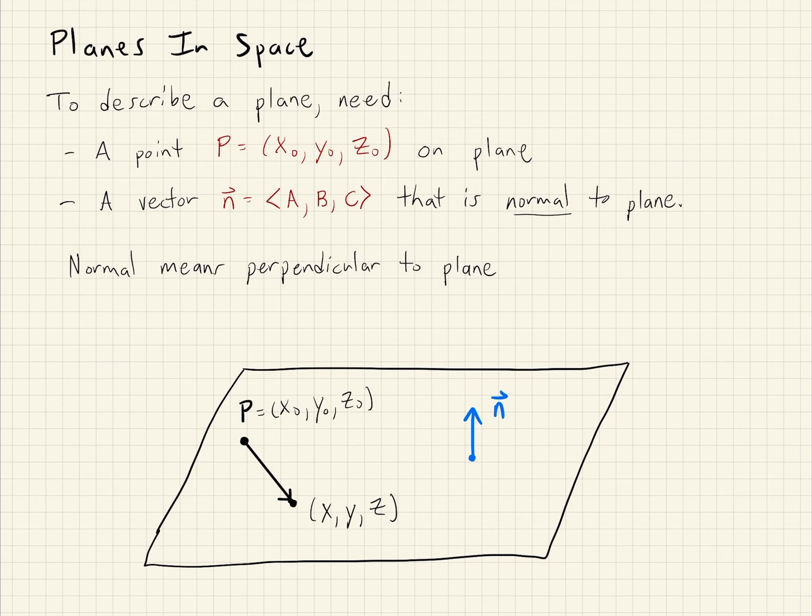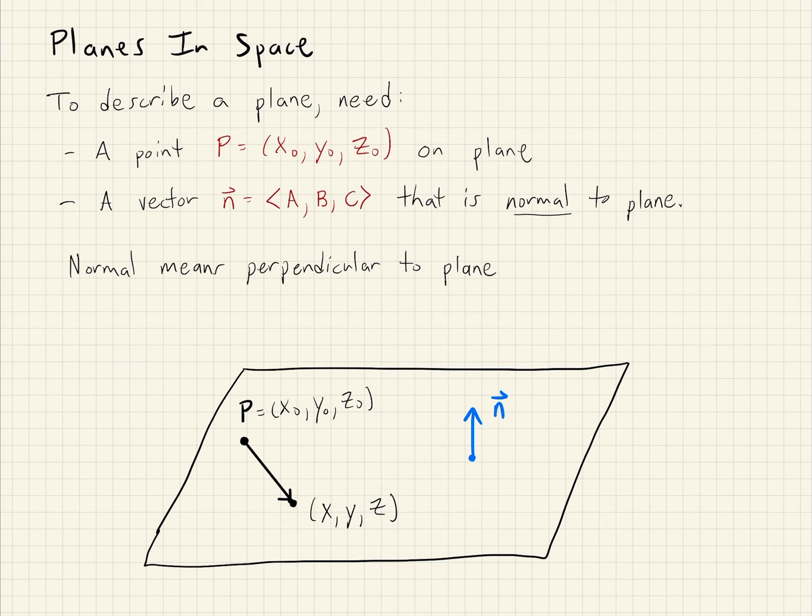Well, the idea is I'm going to take the vector that goes from P to this generic point with coordinates x, y, z. This vector needs to be perpendicular to the normal vector n for this point to be on the plane. And this is precisely the condition for a point to be on this plane.